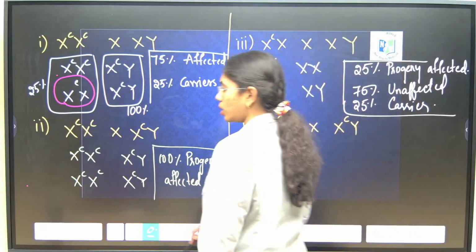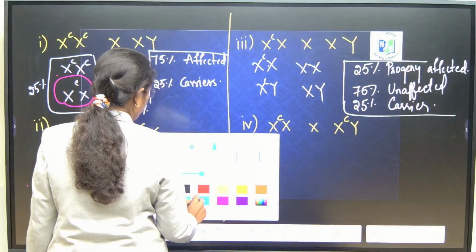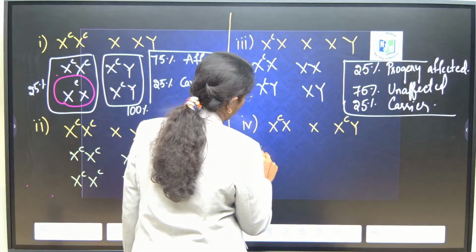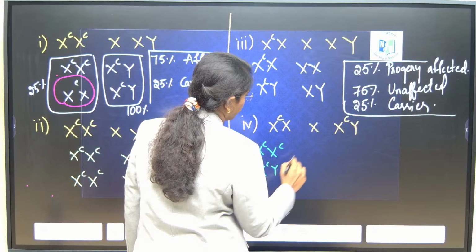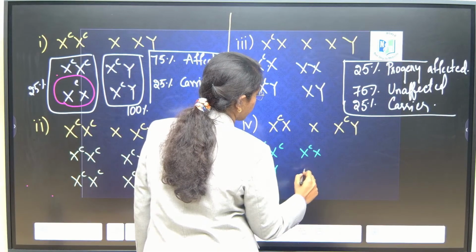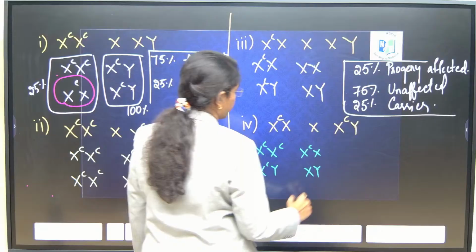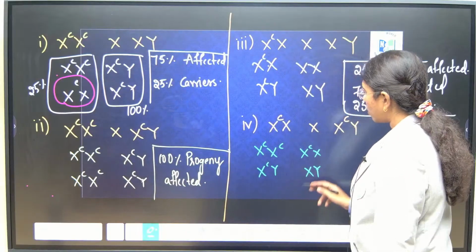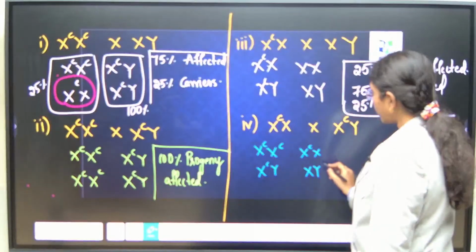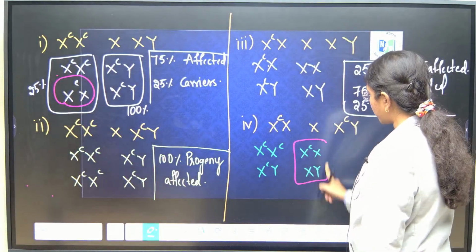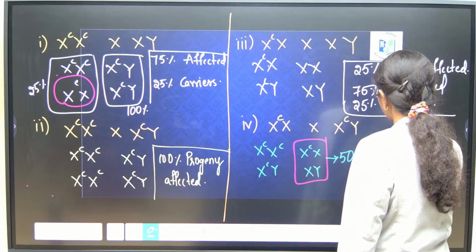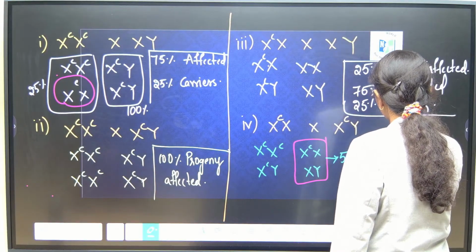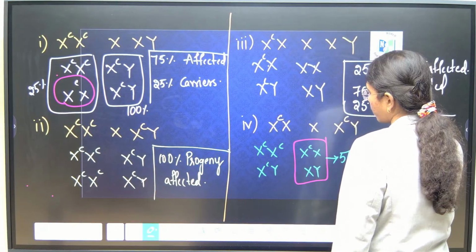Now this one you see, what are the possible outcomes? How many are unaffected? Half, 50%. Fine.